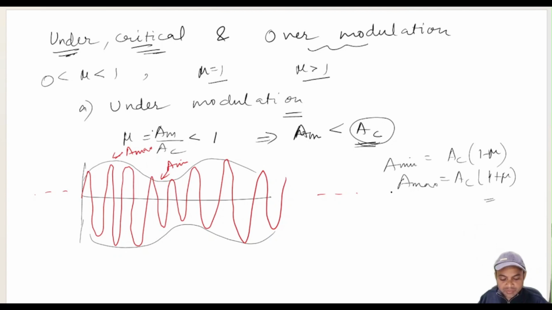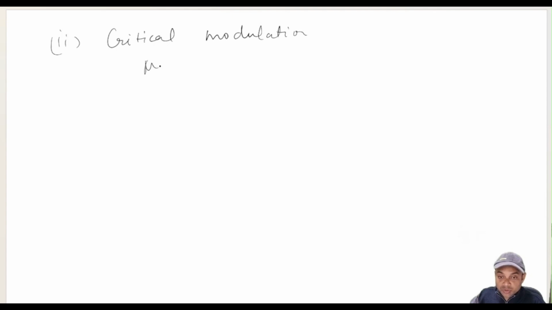For critical modulation, mu is equal to 1. It means AM by AC is equal to 1, so AC is equal to AM.